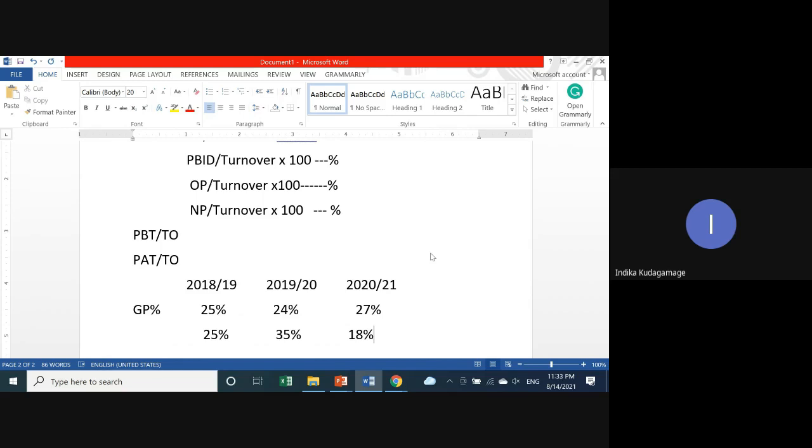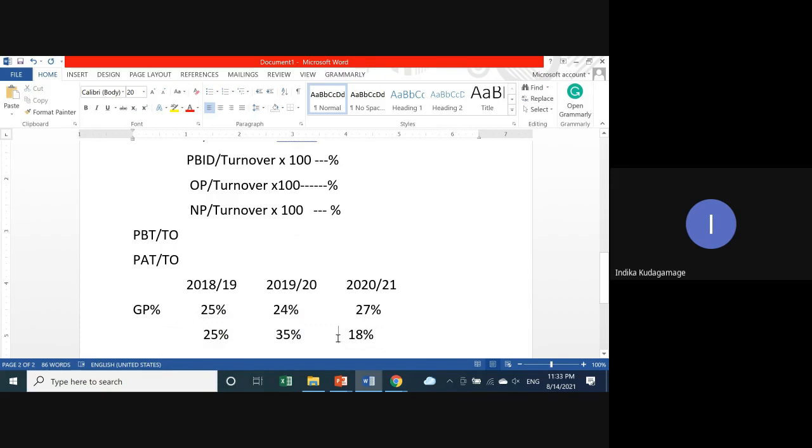So when you are comparing a gross profit margin, normally it would be in this line. It won't be on this line. Very rarely, it can be in this line as well. Why?